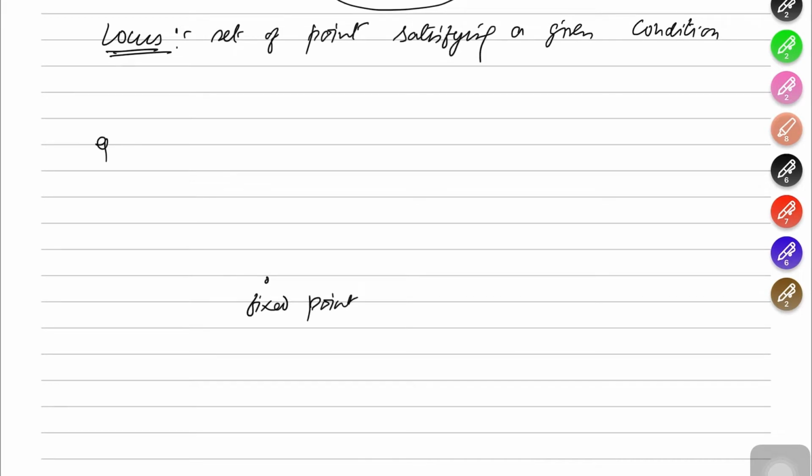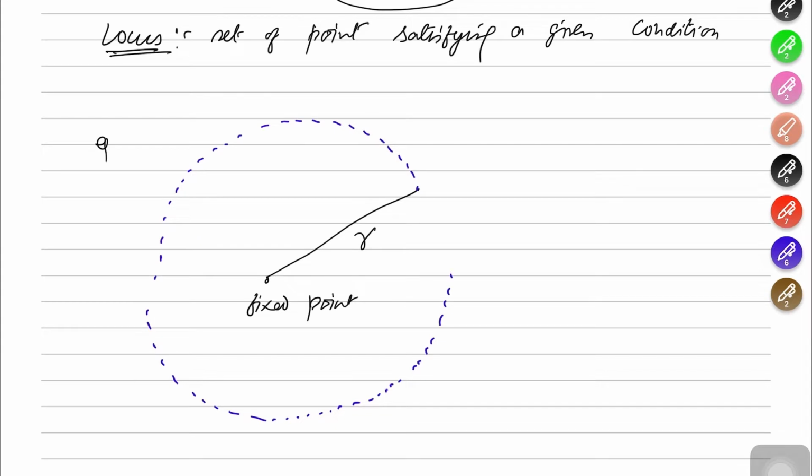A point is moving such that its distance from the fixed point is always fixed, that is r. The path that is being followed is basically the locus.